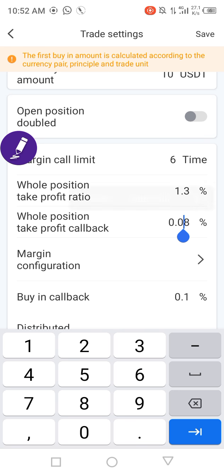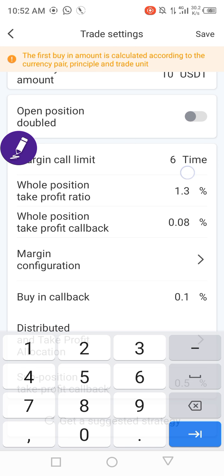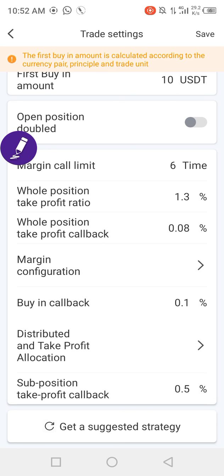You can put 0.1, you can put 0.2, you can put 0.3, depending on your understanding of what you are doing. If you put 0.08, which is less than 0.1, that means you are asking the system to trigger sell fast as soon as it enters the 1.3% profit range.